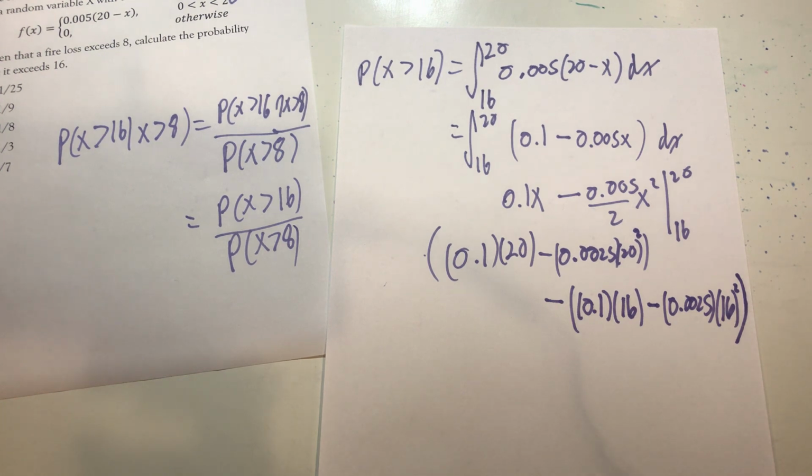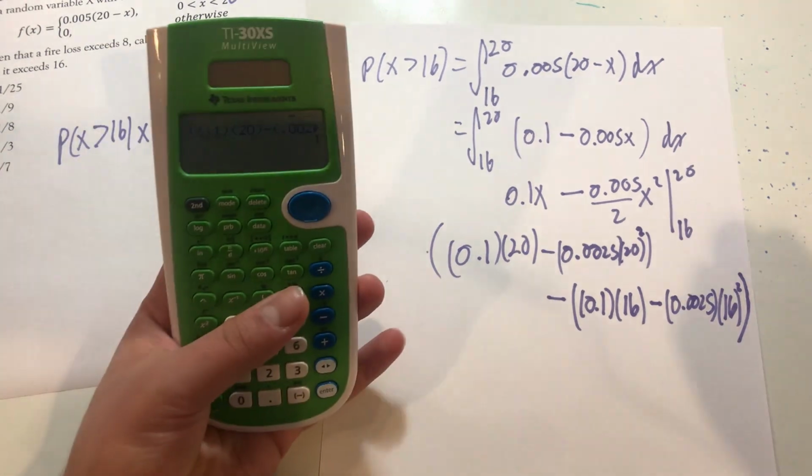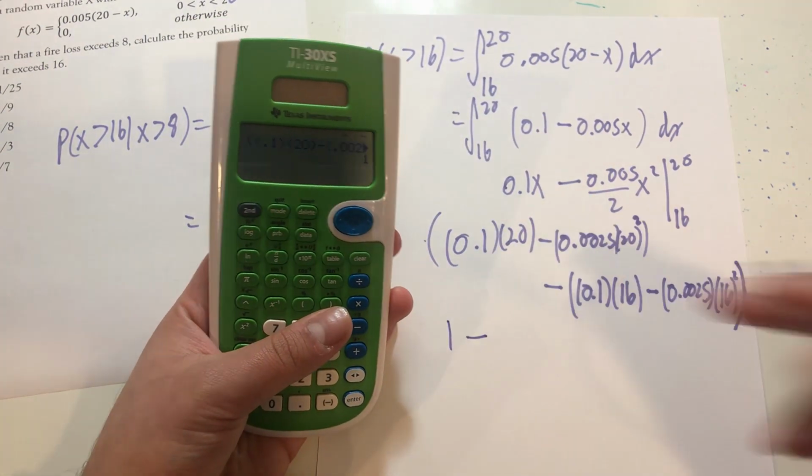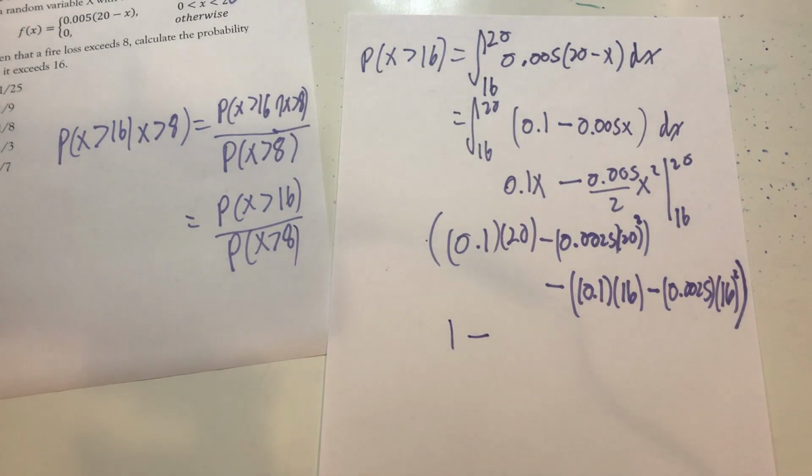So 0.1 times 20 minus 0.0025 times 20 squared. That's going to end up being 1, minus here. It's virtually the same thing, but instead of 20, it's 16.